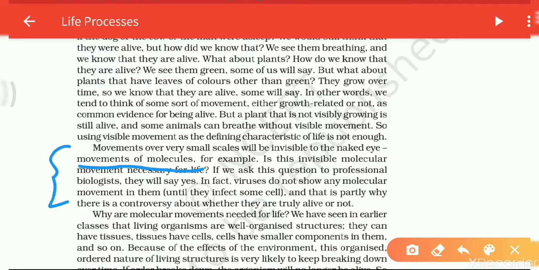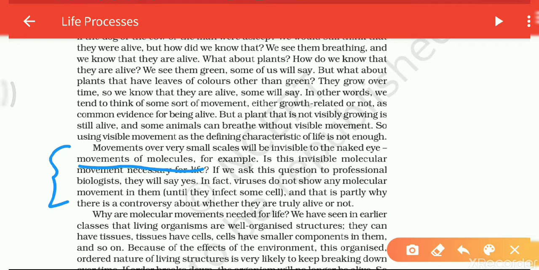Some organisms move very fast and some move very slowly. Fast movement we can see very easily, but the movement which is invisible to the naked eye is only the movement of the molecules.